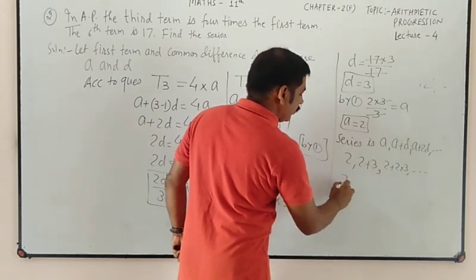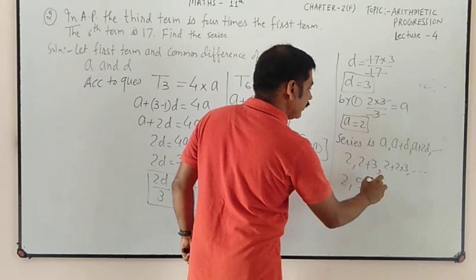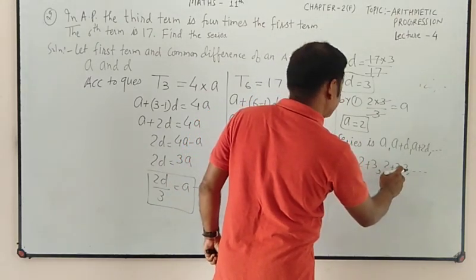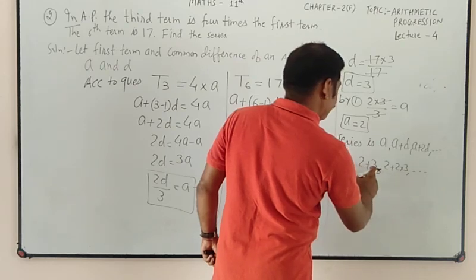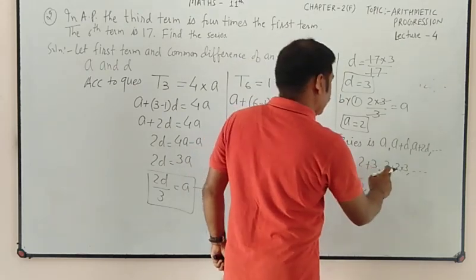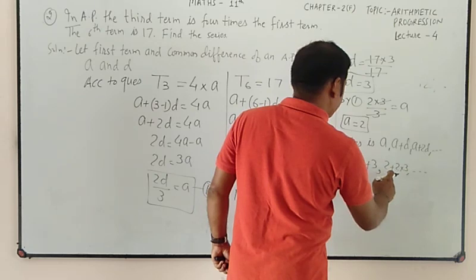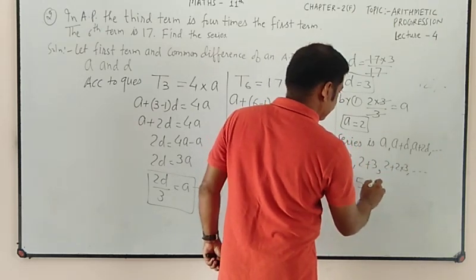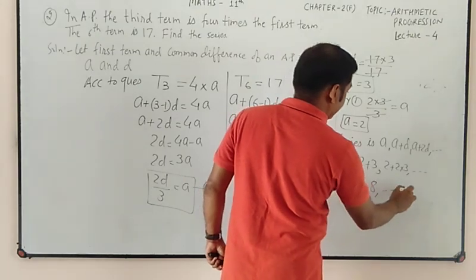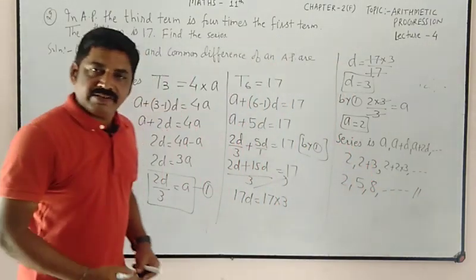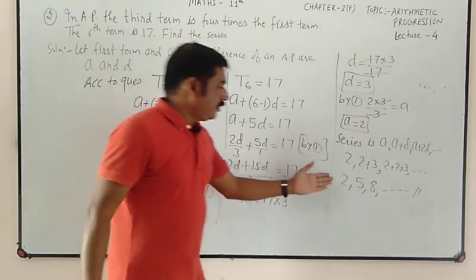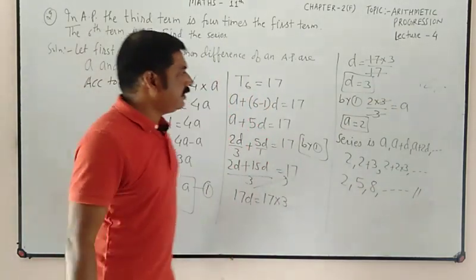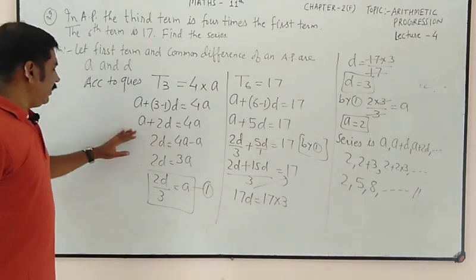So 2, 5, and a plus 2d, 2 plus 6, 8. d is 3, 2 plus 3, 5, and the difference is 3: 2, 5, 8, and so on. Clear? Okay. So 2 plus 3, 5, 5 plus 3, 8, and so on. So this is the series. Clear? Okay.